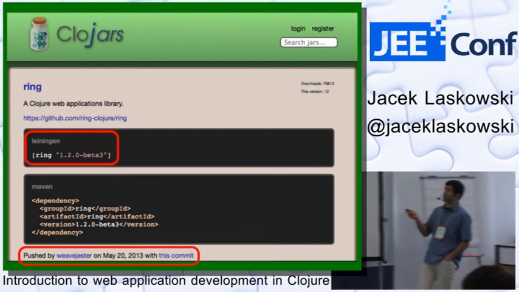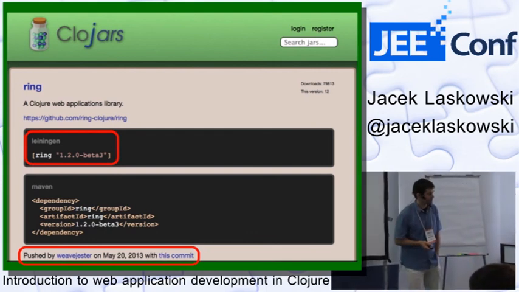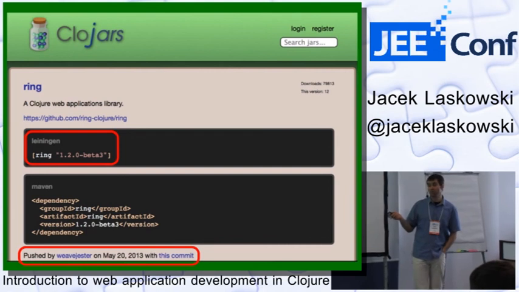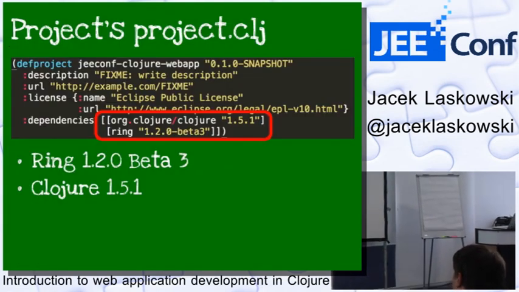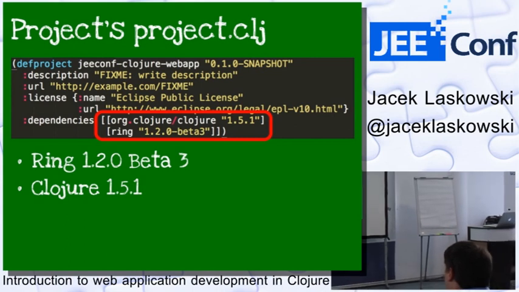Okay, so this is the project CLJ, which you may be seeing for the very first time. So it's pretty simple, I believe. Let me ask you a question. Do you understand this configuration file? If not, ask questions, so I can explain it.